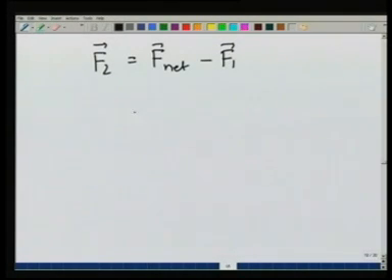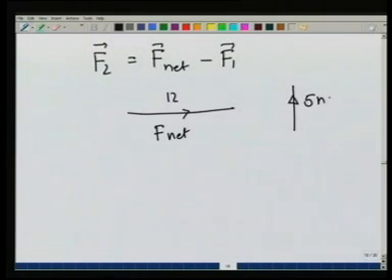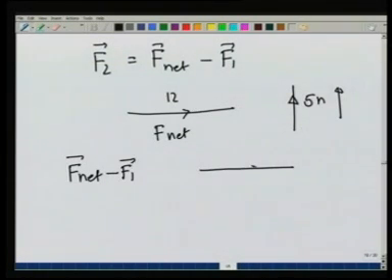We have been given that F net is 12 newtons to the east. F 1 is 5 newtons to the north, and therefore, F net minus F 1 will make going to the south, and this would give me F 2.